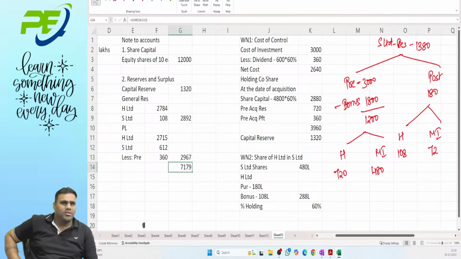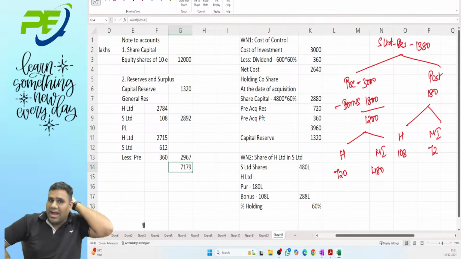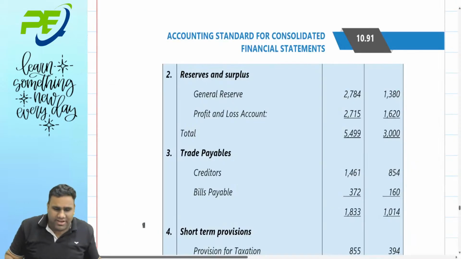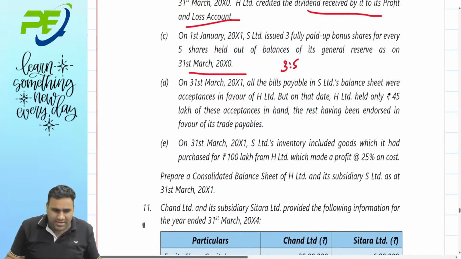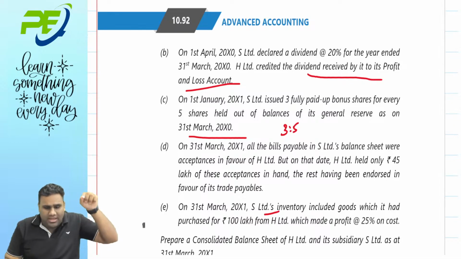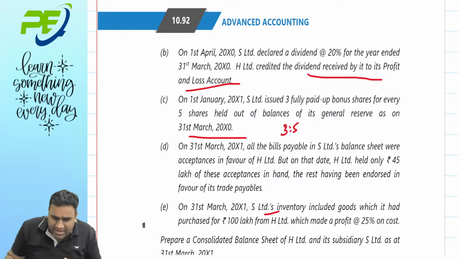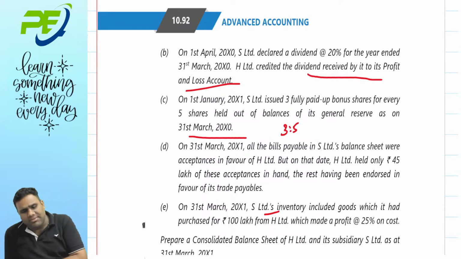What profit? Very good. Unrealized profit. Note point number E. S Limited inventory included goods which it had purchased from H Limited.